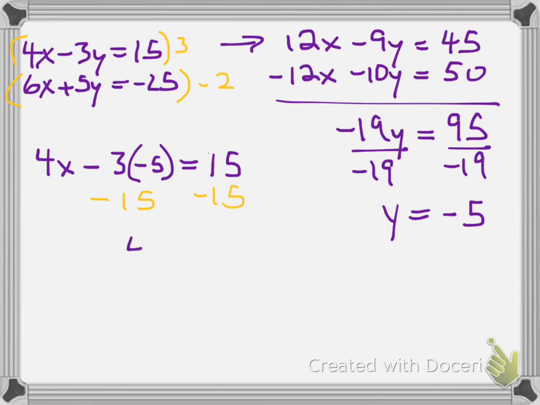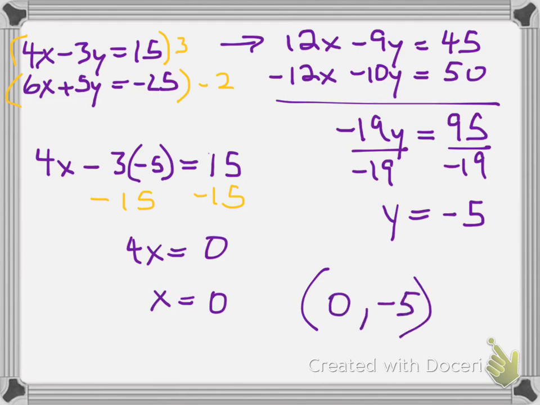That's going to give us 4x equals 0. Divide by 4, x equals 0. So 0, negative 5 is our solution. That's a y-intercept, right? So if we put both of those in slope-intercept form, we might have seen the common point of intersection there.